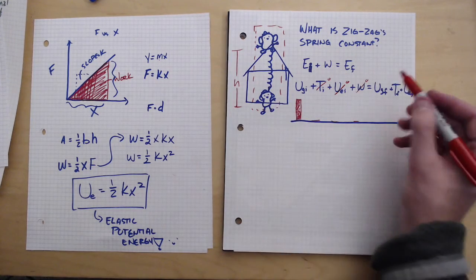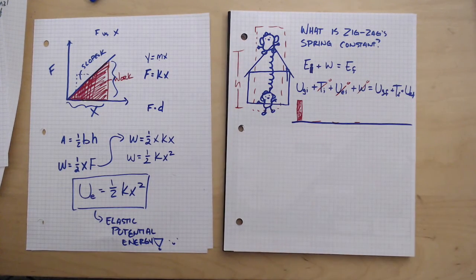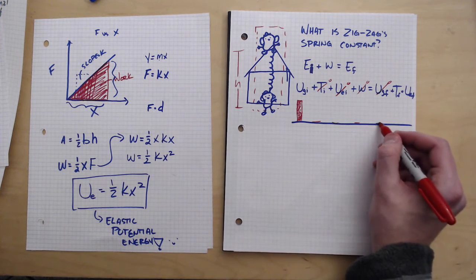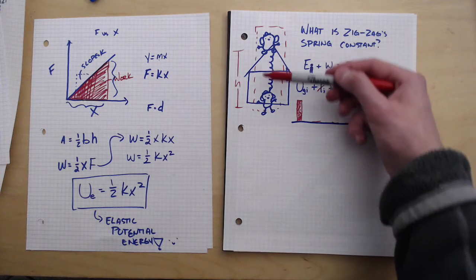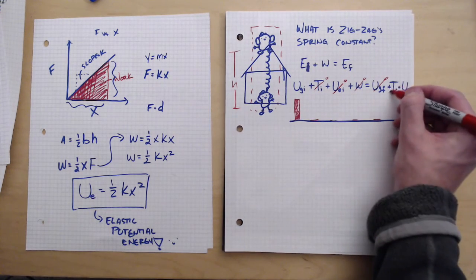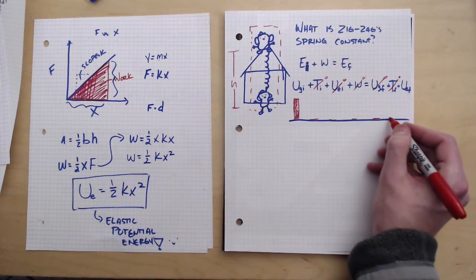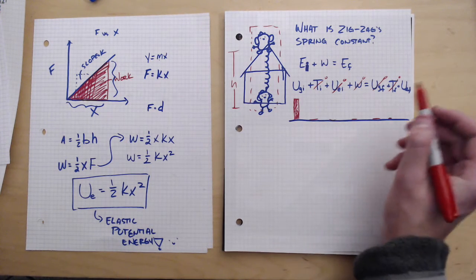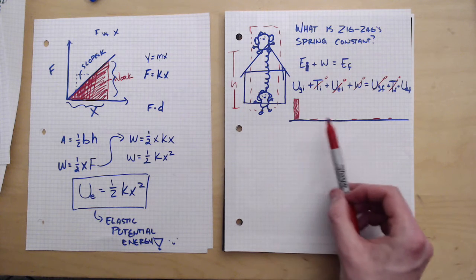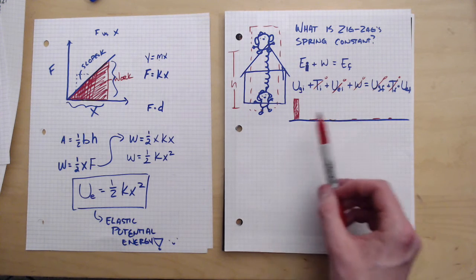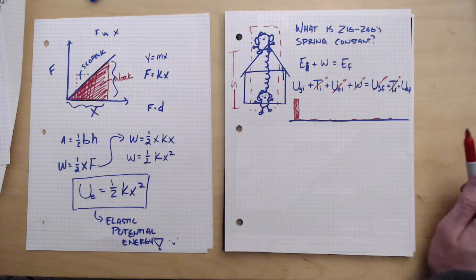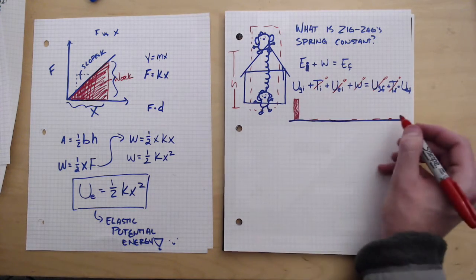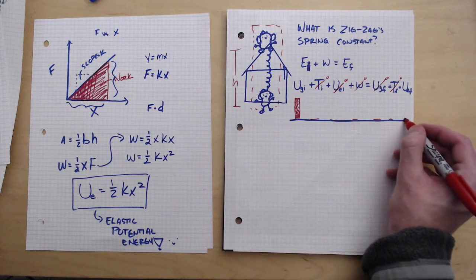And now we can look at the final side. So at the very bottom, his final gravitational potential energy is 0 because he's at the very bottom. If he lands safely on the ground, then his kinetic energy should also be 0. And all that's left is the potential energy stored in Zigzag's spring. And because there's no other energies on this initial side, or work that's being added to the system, it looks like it has to equal 1, 2, 3, 4, 5 units of energy.